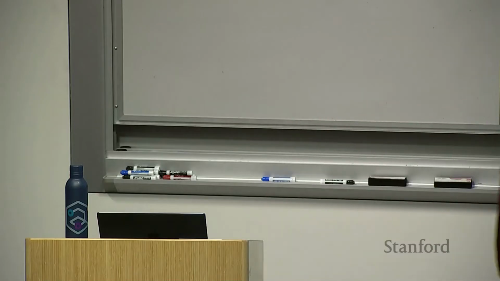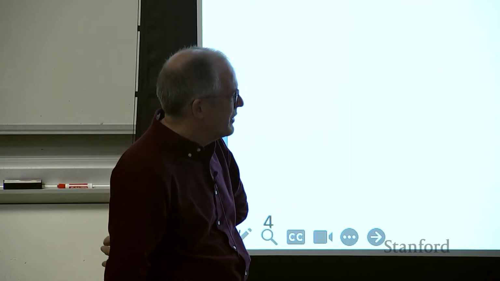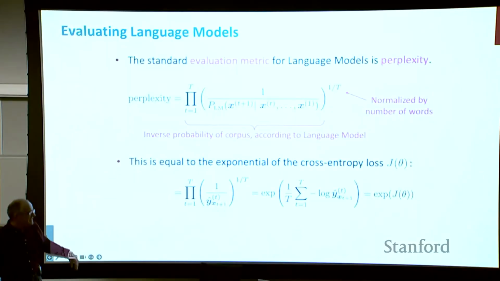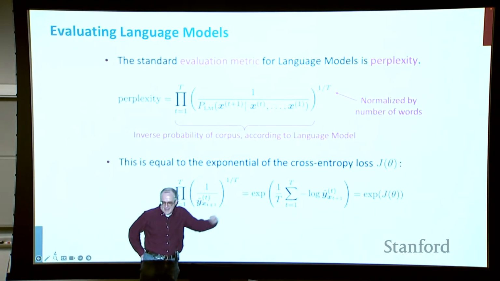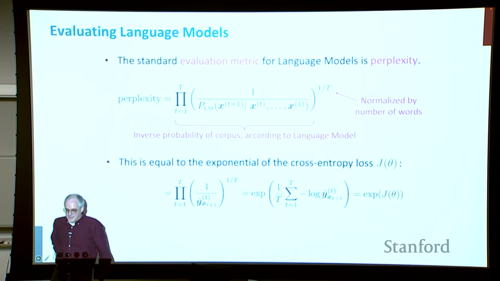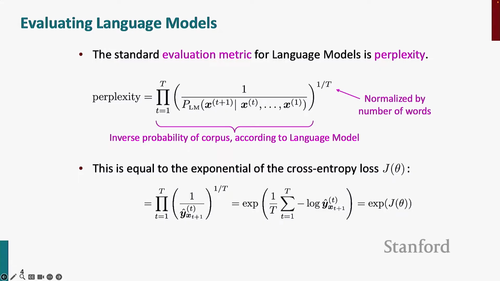But in this class, we've been tending to look at negative log likelihoods and the idea of cross entropy. And what perplexity is, is just the exponential of the cross entropy. So if you're already familiar with negative log likelihoods per word, if you just exponentiate that, you then get the perplexity.